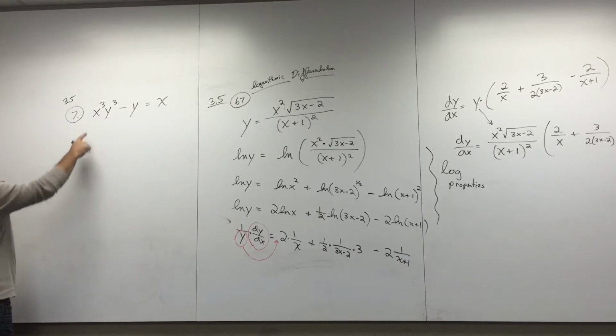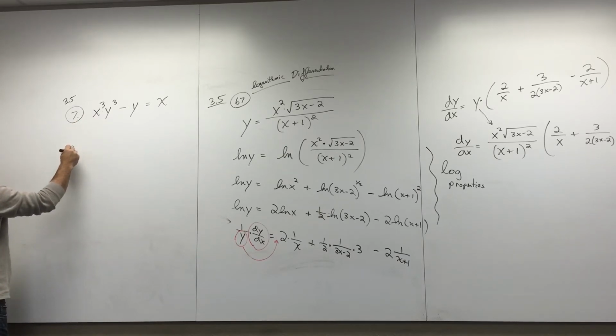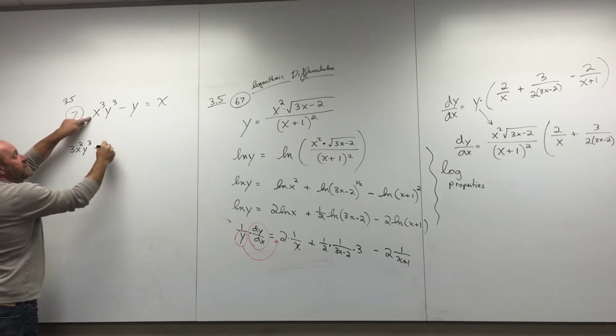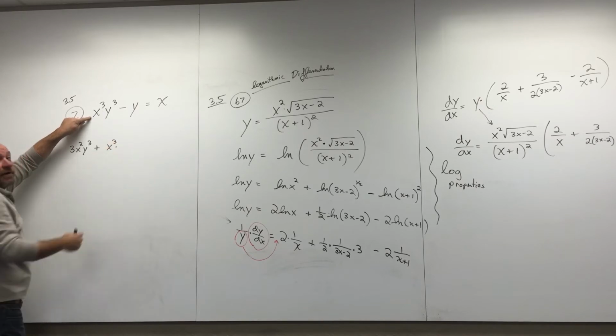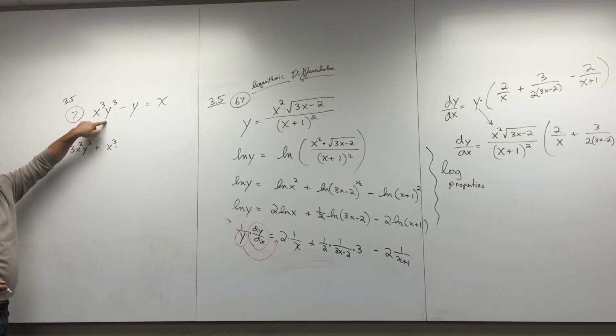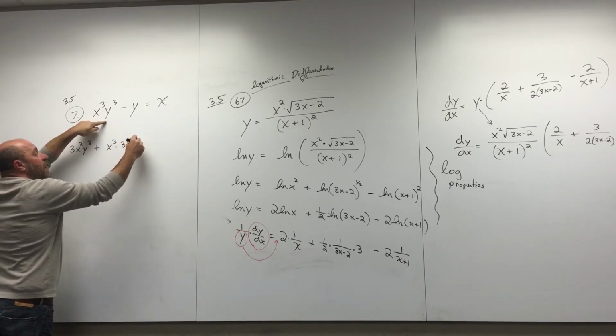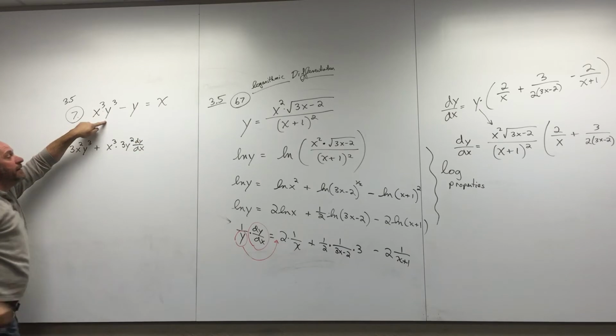You ready? The derivative of the first, 3x squared. Write down the second, plus. Write down the first, and here comes the little implicit part, I guess. I have to do the derivative of y cubed: 3y squared dy/dx. Yep, good job.